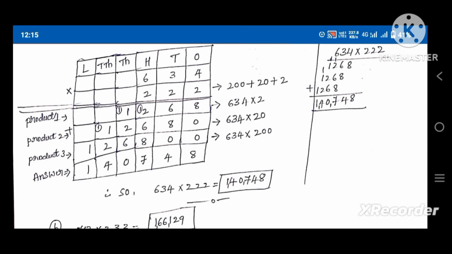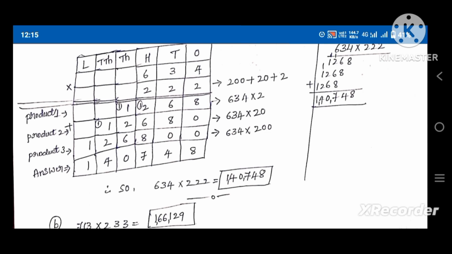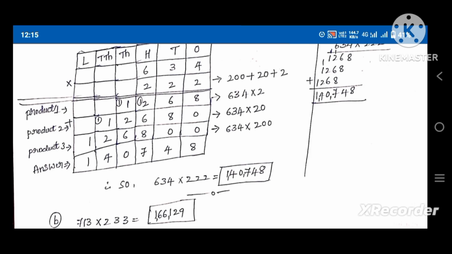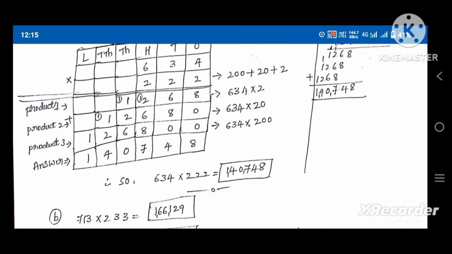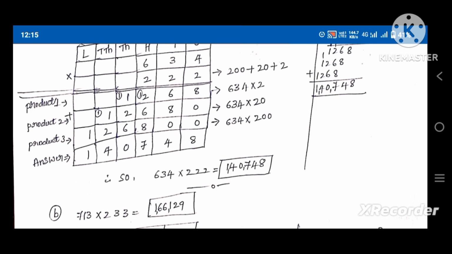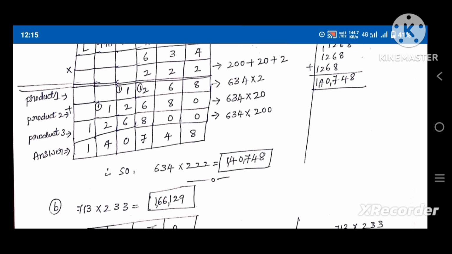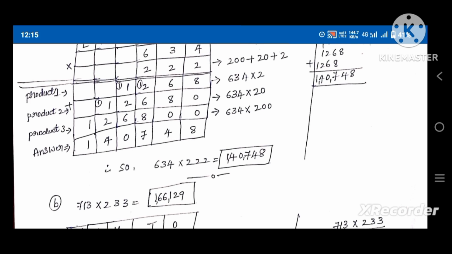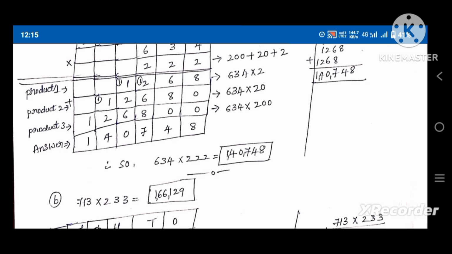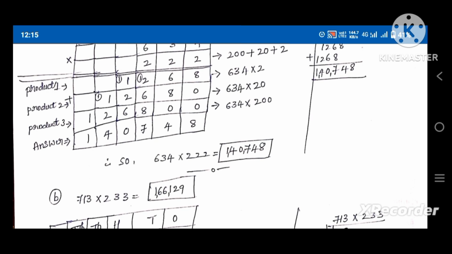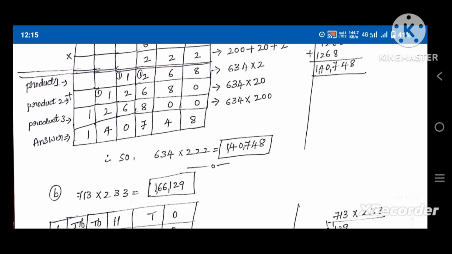Product 3 is 634 into 200, 1,26,800. Add the 3 products and get the answer 1,40,748. So 634 into 222 is equal to 1,40,748.